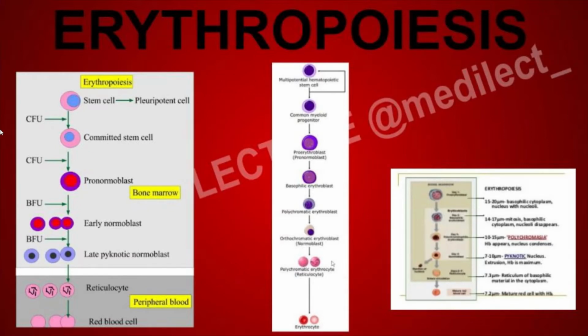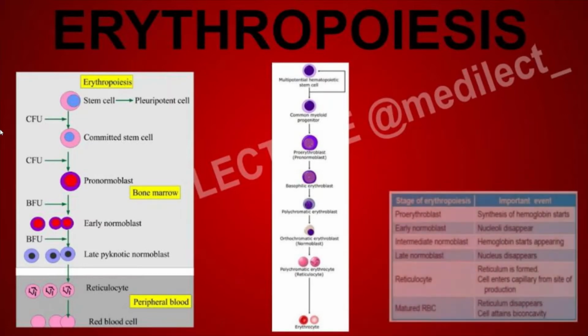That's why you can't see the nucleus; the cell removes the nucleus. So in the reticulocyte stage there is removal of the nucleus, and then finally erythrocyte formation occurs.